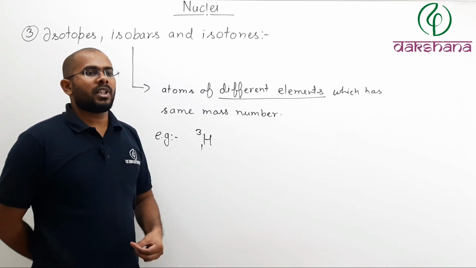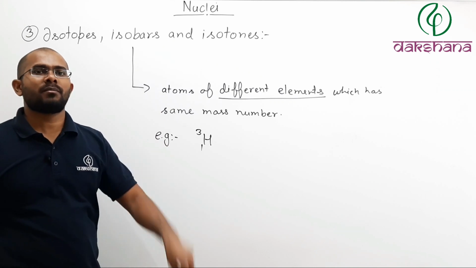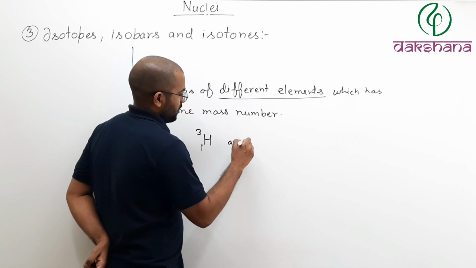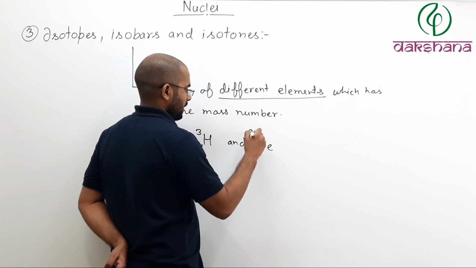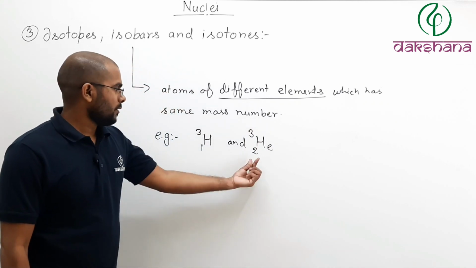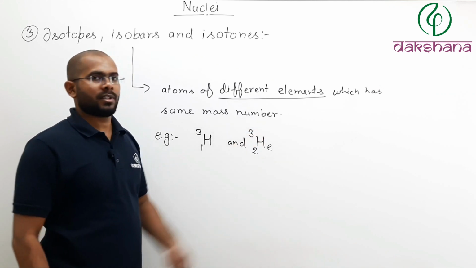So is it possible that there is another element which has mass number 3? So that is again possible. You have helium. In the case of helium, there is an isotope which has 2 protons and 1 neutron.